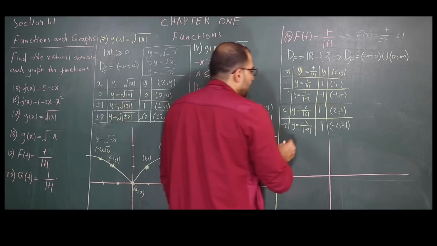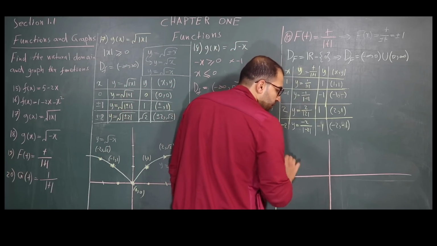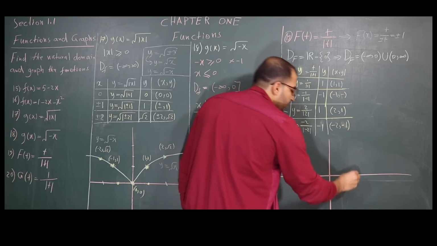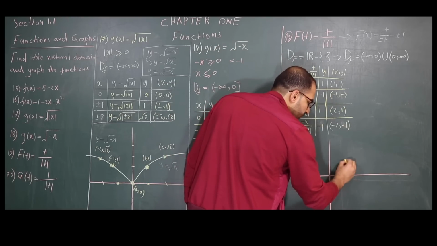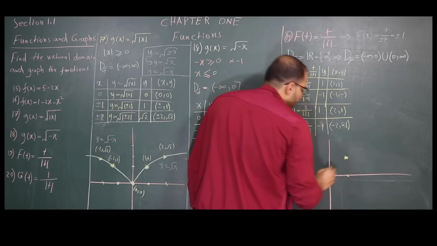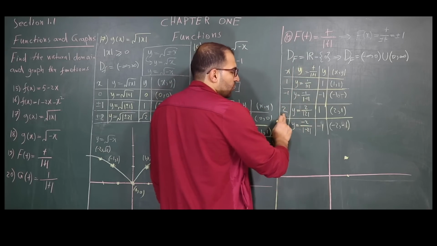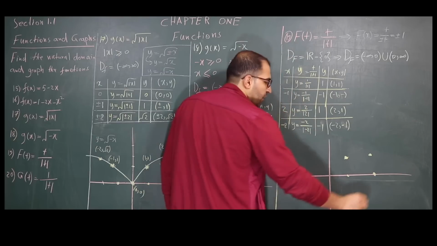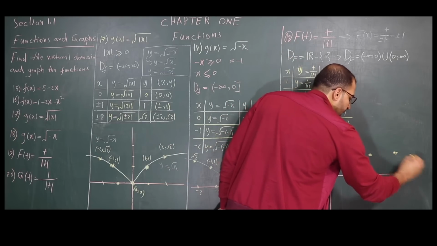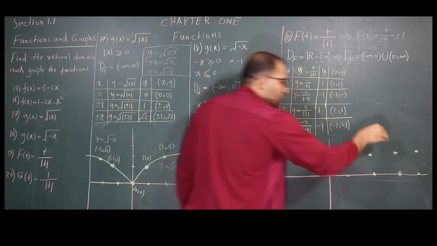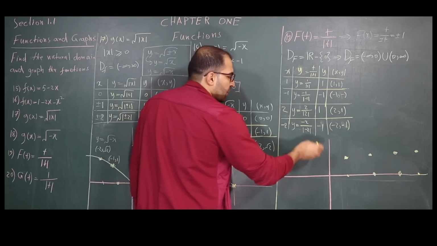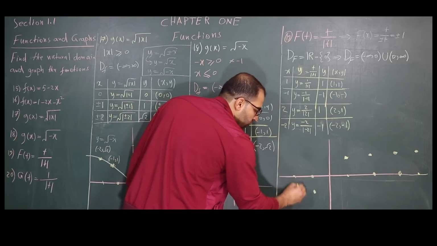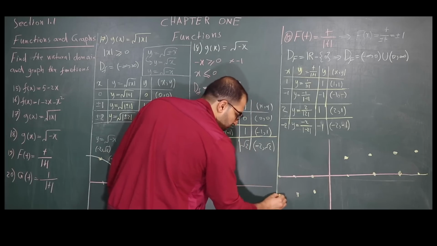The 0 is not included, and I'm going to plot the first point, which is 1,1. I'm going to plot also 2 and 1. The 3 will be also 1, and the 4 will be also 1, and so on. And in case of the negative numbers, minus 1 will be with minus 1, minus 2 will be with minus 2, minus 3 will be minus 3.